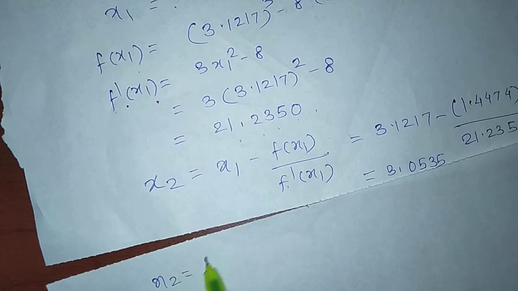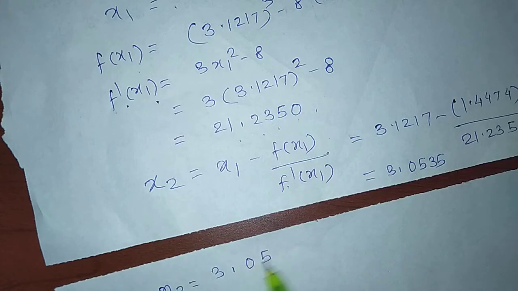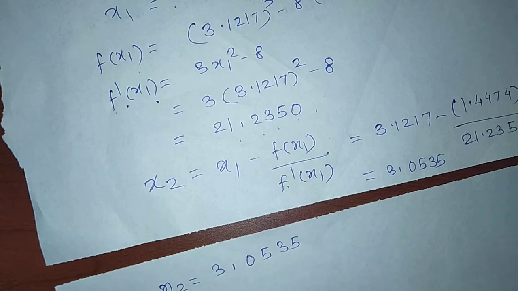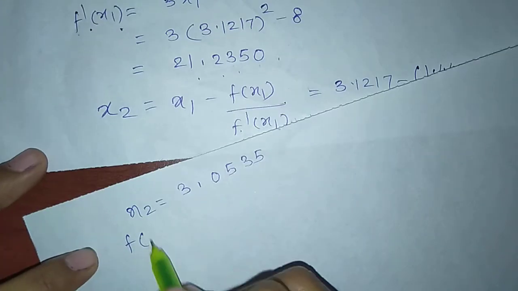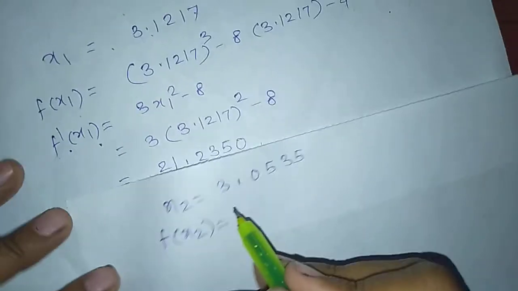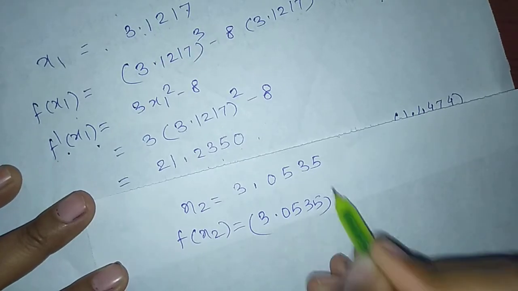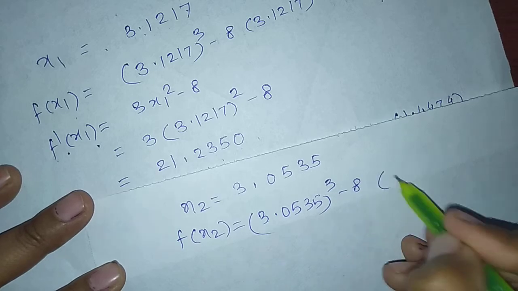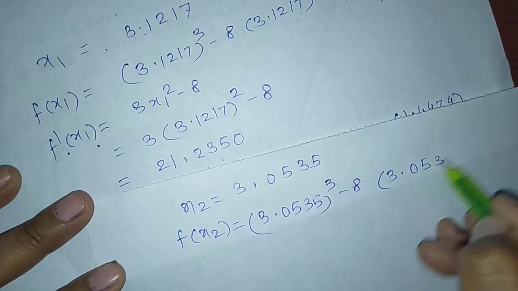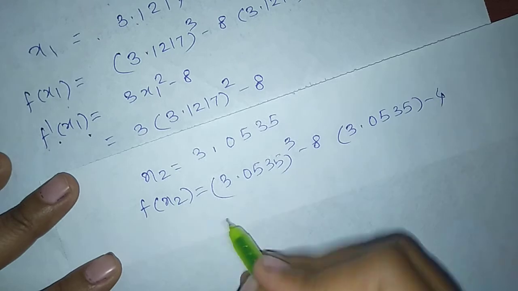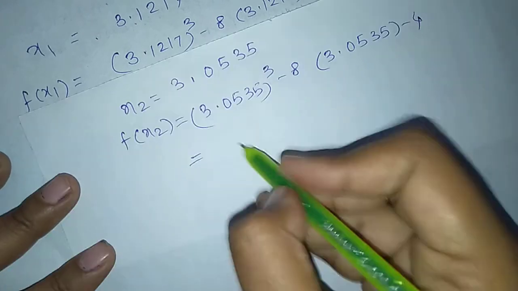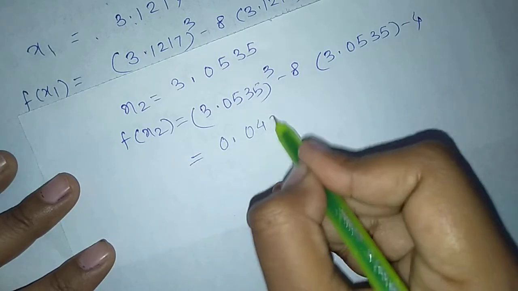x2 equal to 3.0535. f of x2 equal to 3.0535 cube minus 8 into 3.0535 minus 4, equal to 0.0424.